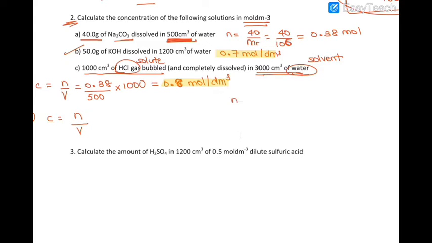Remember that number of moles is volume divided by 24 dm cube. This is why you need to know your formula well. So volume is 1000 centimeter cube. You will need to convert that to dm cube. So that makes 1 dm cube divided by 24. That's the number of moles.